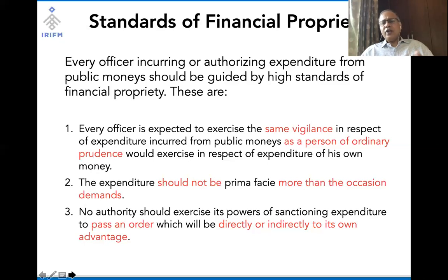Or to extrapolate, if I am sitting on a tender where my relative is an applicant, I should not be exercising power to sanction expenditure in that case. It is wise and prudent to withdraw from that decision.